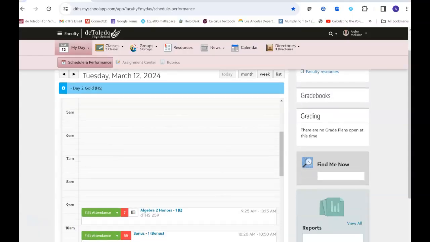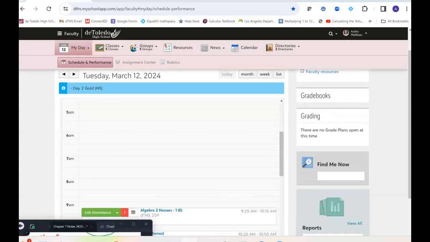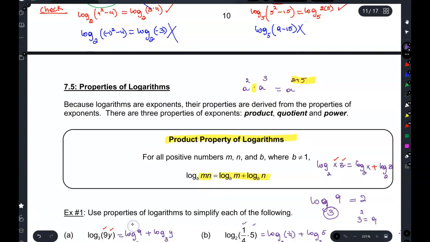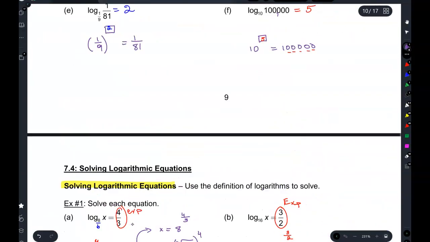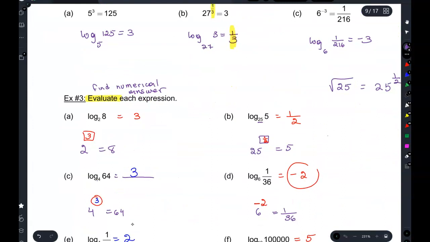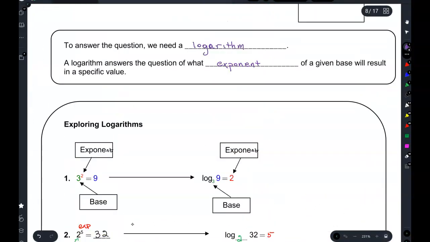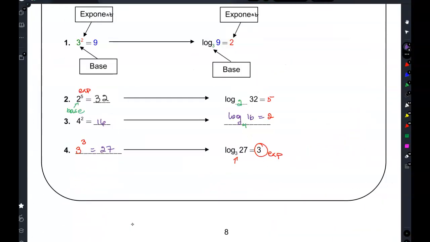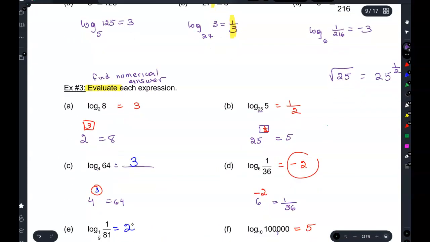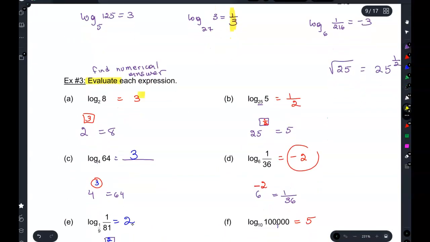Okay, so that is from this lesson here. This is lesson 3. So take a look at what we did in lesson 3. How did we get 3 for this logarithm here? Right? The base is 2.